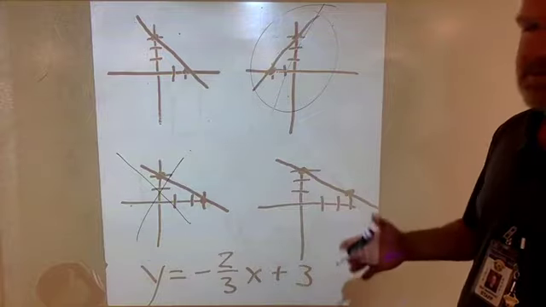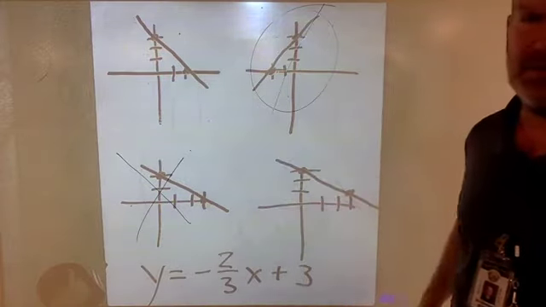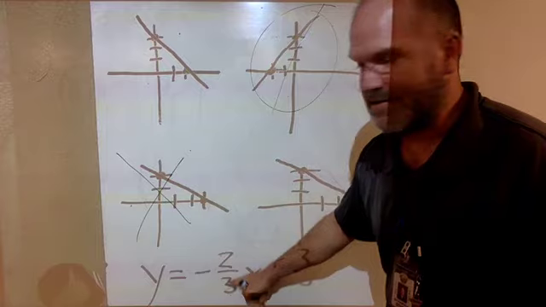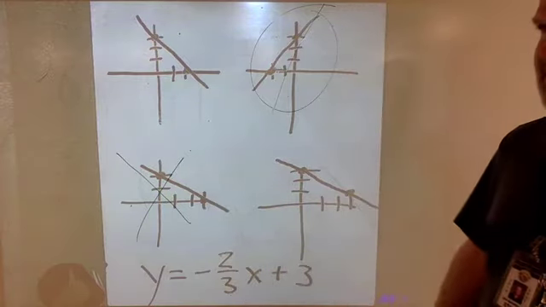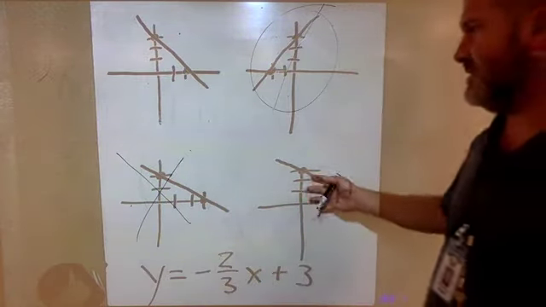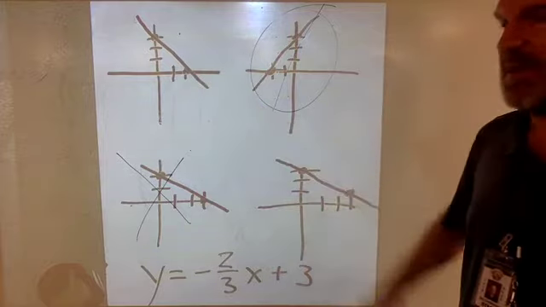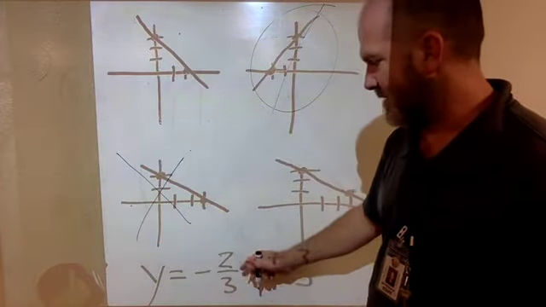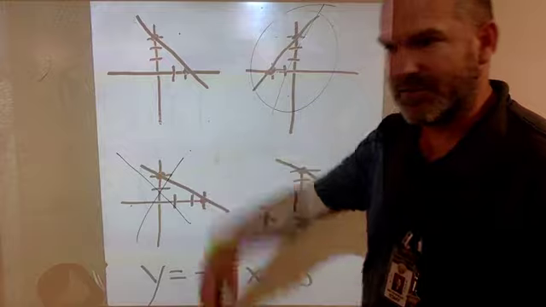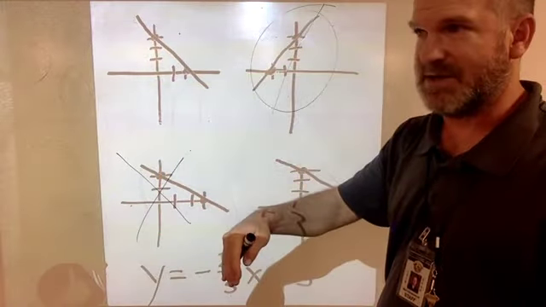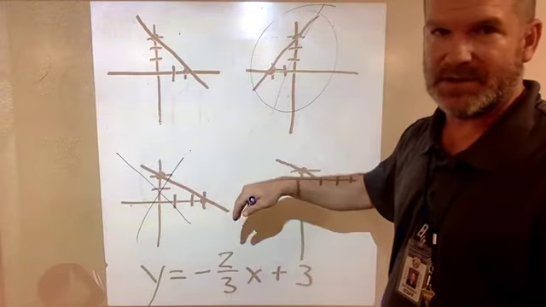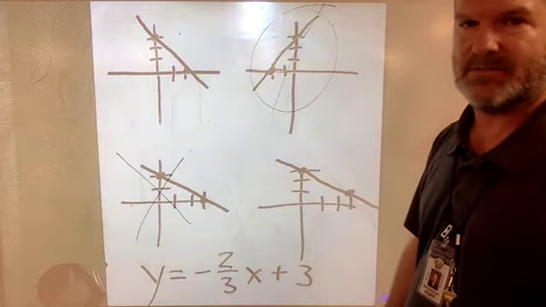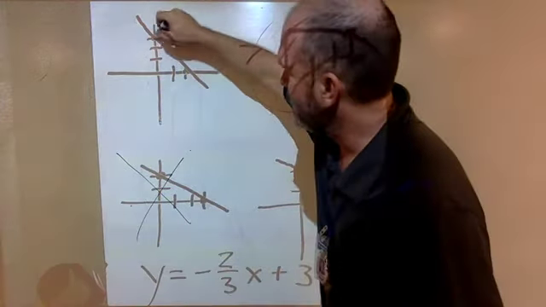So sometimes you'll get lucky and it'll eliminate 3 of them, and you'll just have your answer. You won't even have to worry about the fraction 2/3, but here you do have to worry about the fraction 2/3 to narrow it down between these two. This is your rise over run. This is saying since it's negative, we're going down, so we're going down 2 spaces and over 3 to get from one point to the next. So how do you get from this point to here?